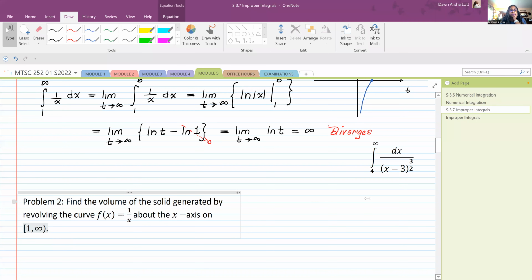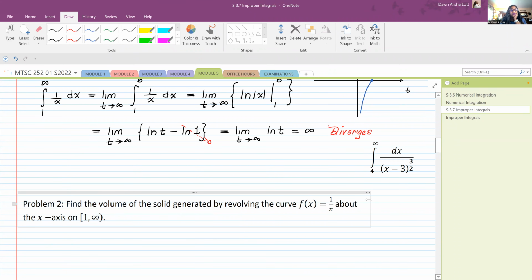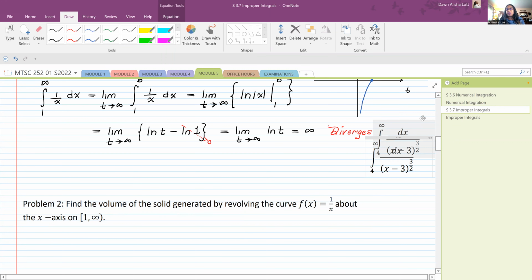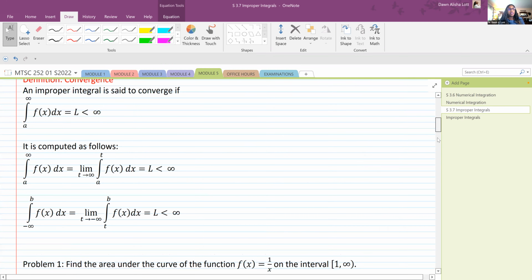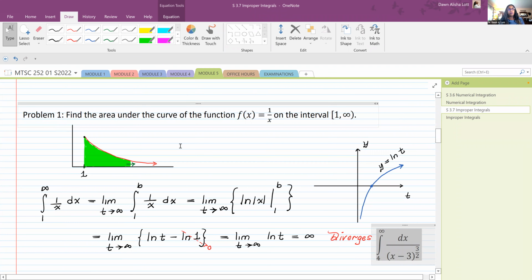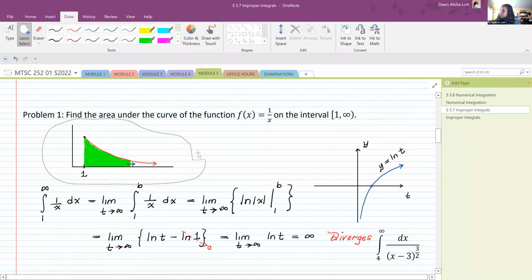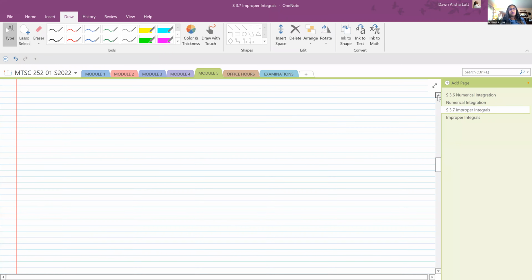Okay, next problem. So now we want to find the volume of the solid. Ooh, that's a throwback, isn't it? Generated by revolving that same curve above about the x-axis on the interval from 1 to infinity. So the only thing that we're going to do differently now is we're going to take this same picture and revolve it about the x-axis.